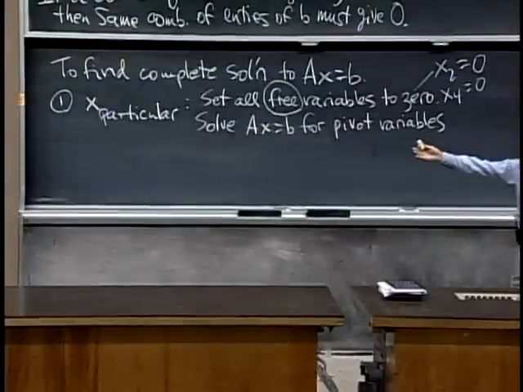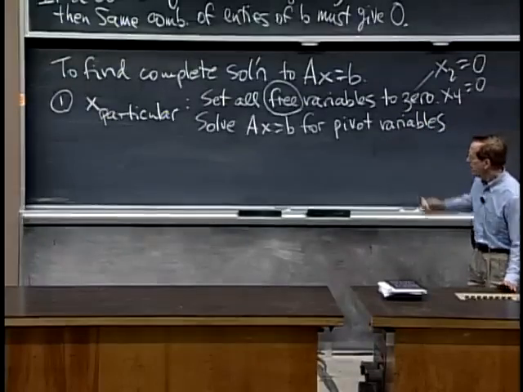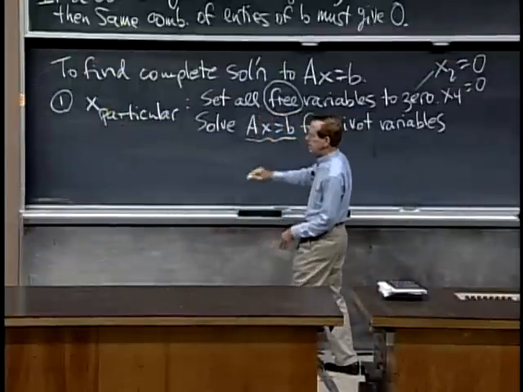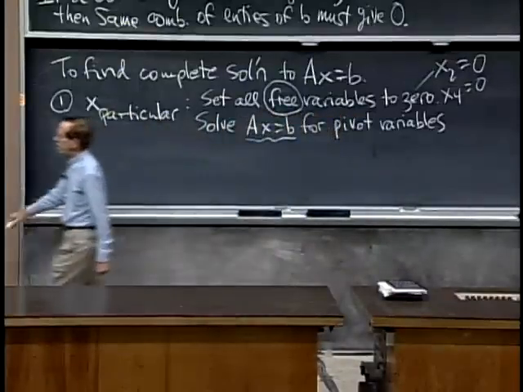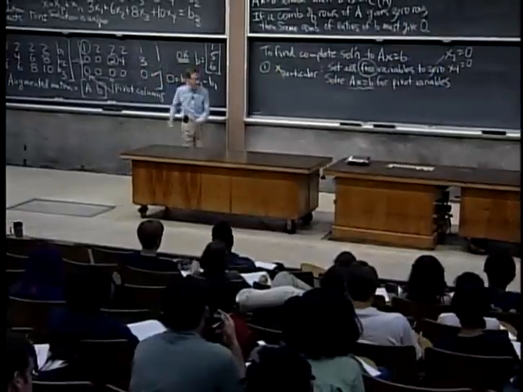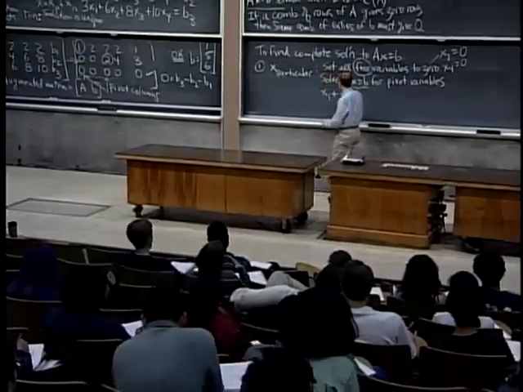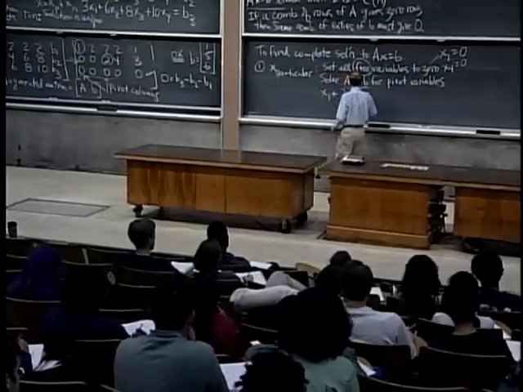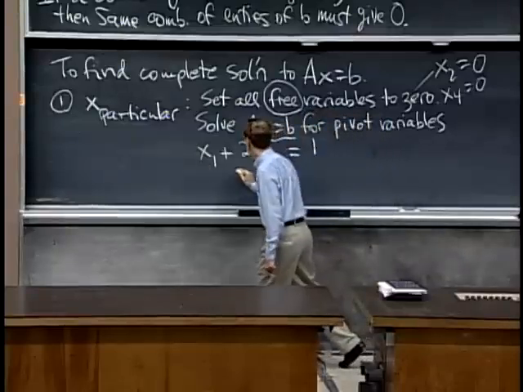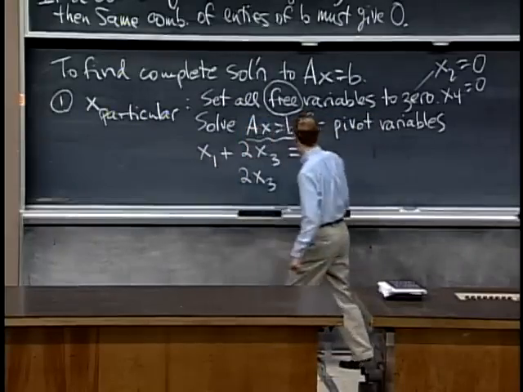So when x2 and x4 are 0, what am I left with here? Now I'm not using the 2 free columns, I'm only using the pivot columns. So the first equation is just x1 plus 2x3 equals the right-hand side, which we picked to be a 1. And the second equation is 2x3, as it happened, turned out to be 3.